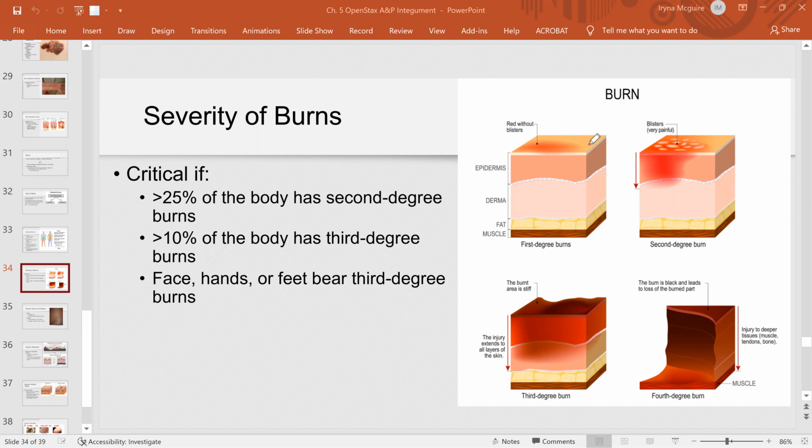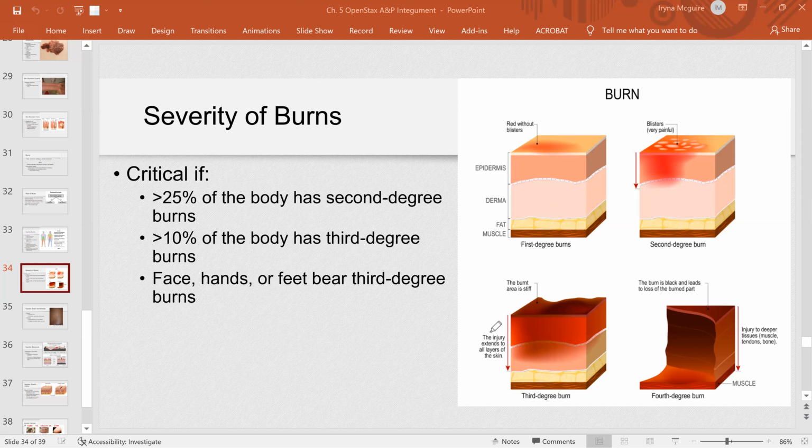Right, so here we can see again our different classification of burns. We have first degree, so we just have redness over here and just epidermis is damaged. Here we have damage that reaches dermis a little bit, right? And we have a blister appearing.